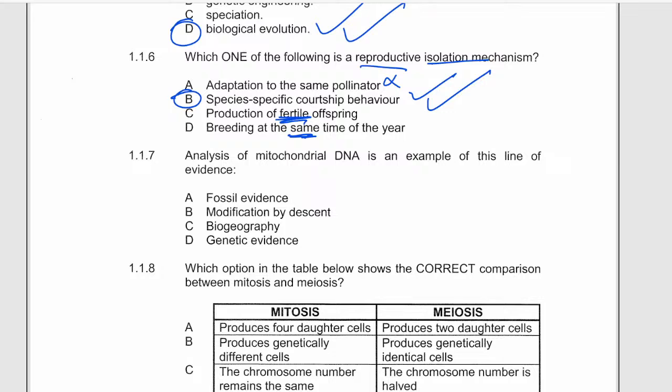If they ask you the evidence, you have to say genetic evidence. An example is mitochondrial DNA. You understand? Or Y chromosome. But Y chromosome, we don't talk about it anymore. So here they brought the example and they wanted the evidence. Therefore, mitochondrial DNA belongs to genetic evidence. Is it clear? Yes. So D becomes the most correct answer.